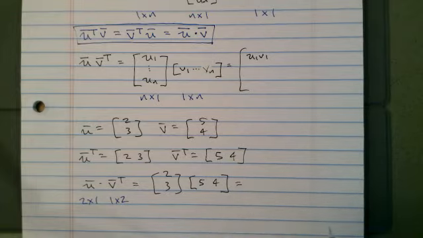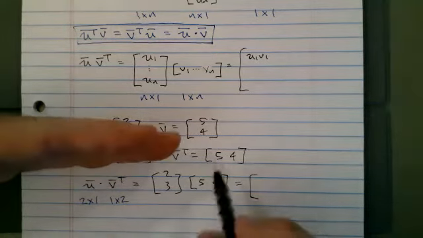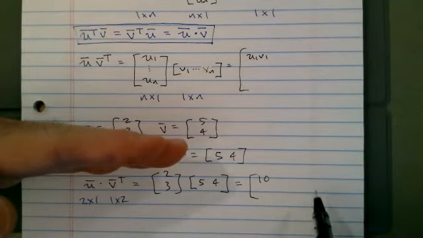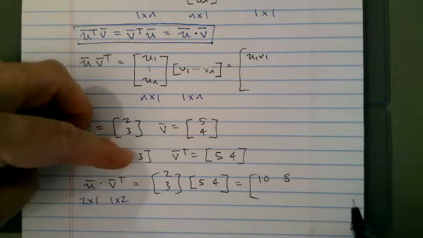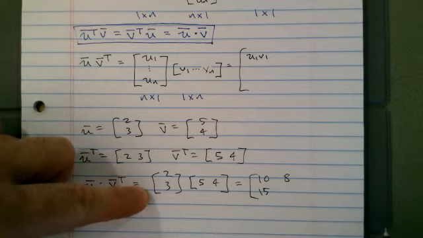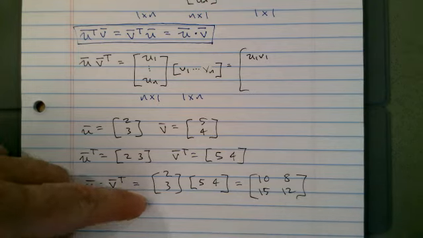First row, first column will be 2 times 5. First row, second column will be 2 times 4, which is 8. The second row, first column will be 3 times 5. And the second row, second column will be 3 times 4.